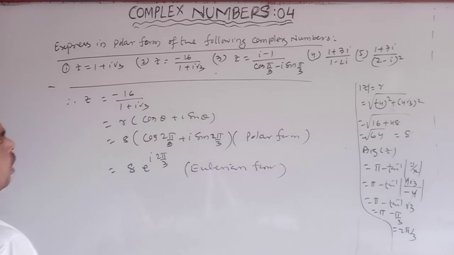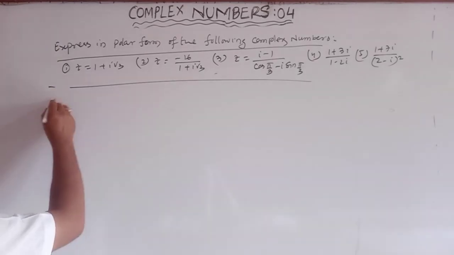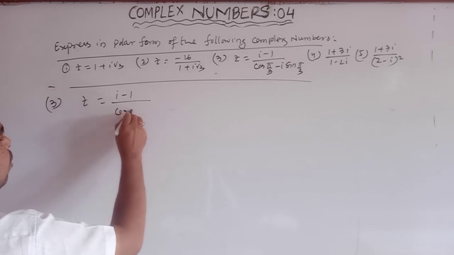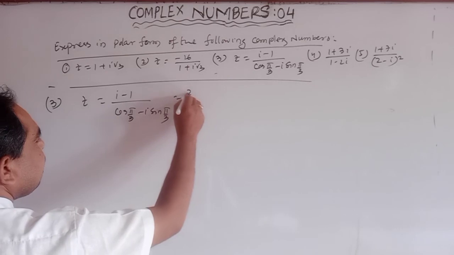Next, question number 3. Z is equal to i minus 1 by cos pi by 3 minus i sin pi by 3. Suppose this is Z1 by Z2.